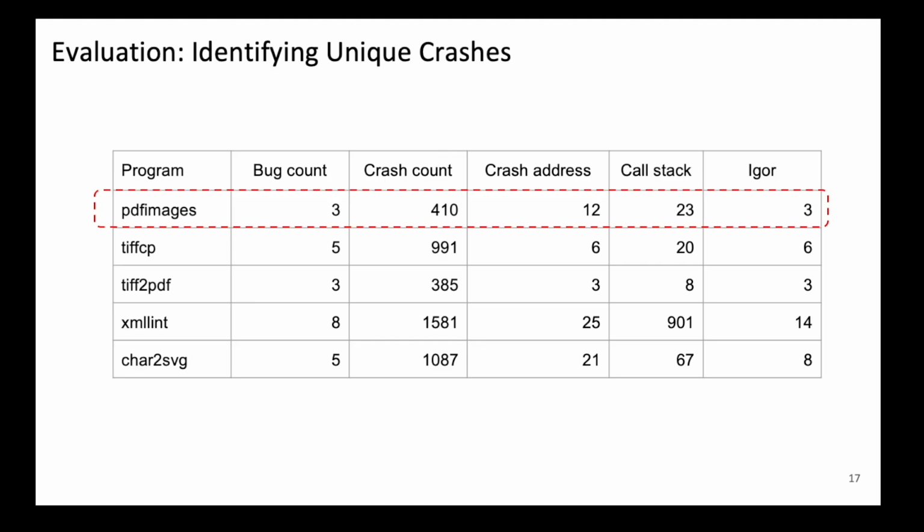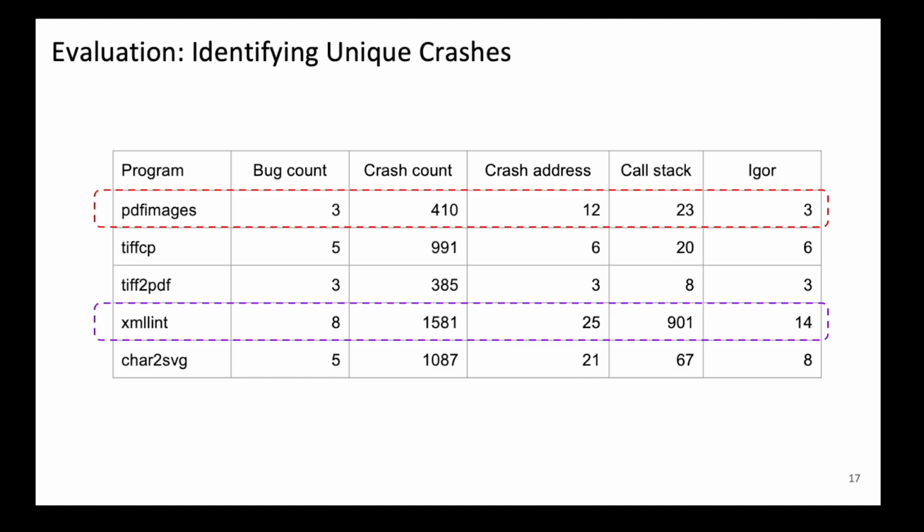We can also see that the classification result of Igor is always better than other tools, especially when the software contains a large number of vulnerabilities, such as xmllint, which contains 1,581 crashes caused by 8 vulnerabilities.